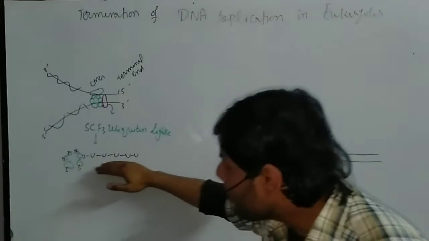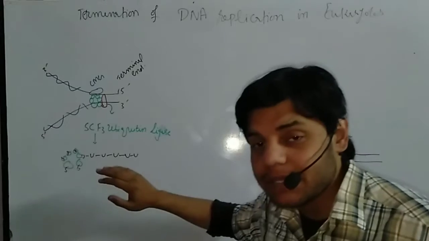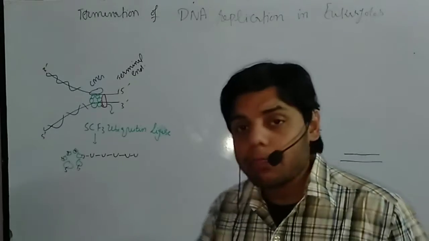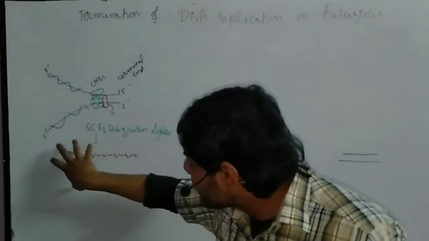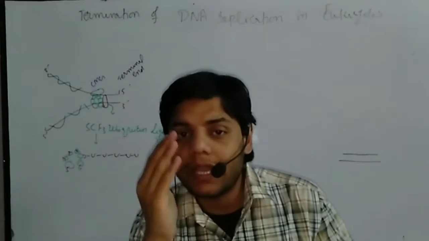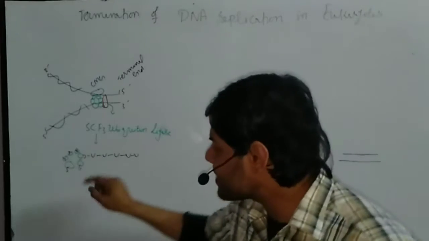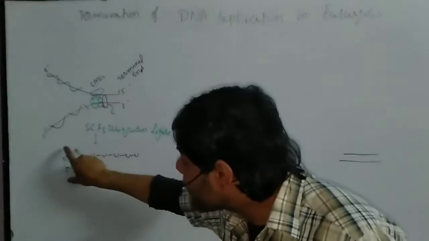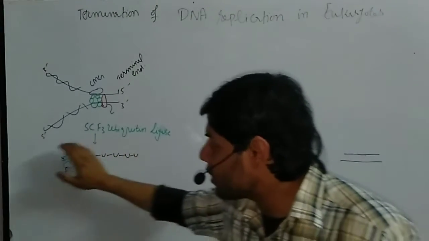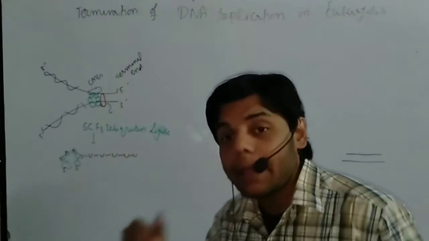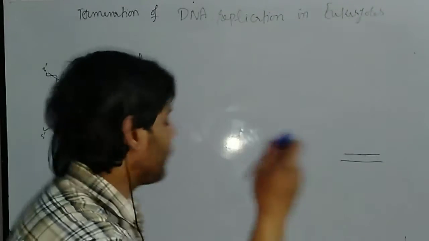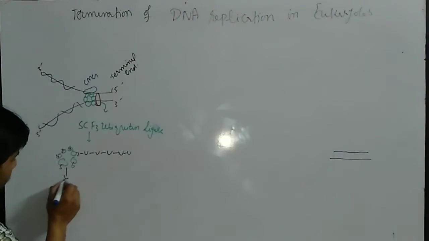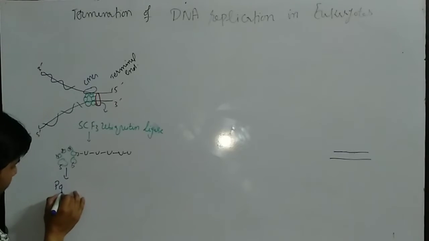When polyubiquitination happens at that specific point, you should know that this complex should be degraded by the proteasome. But in this case, the complex is not degraded by the proteasome. Why? Now this ubiquitinated complex meets with another protein, P97.